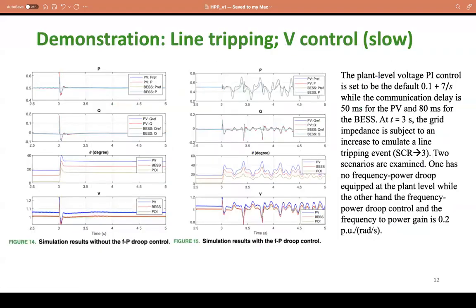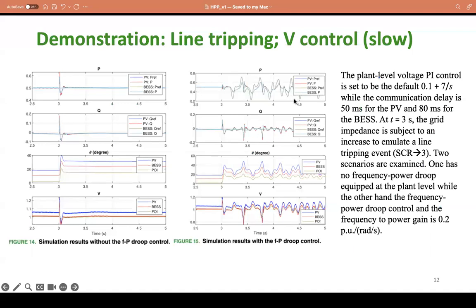Let's look at the demonstration. Here it's no longer a voltage control issue because we have particularly tuned the voltage control to be slow. So the voltage PI control is 0.1 plus ms compared to the previous one. On the left side, line tripping, but we don't include the FP droop control, but on the right side we include the FP droop control, and the gain is 0.2.